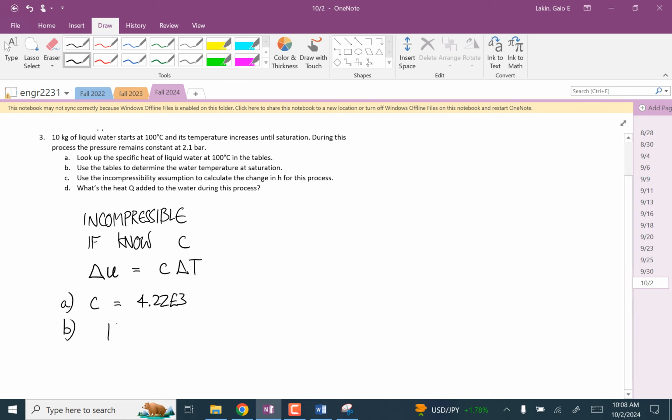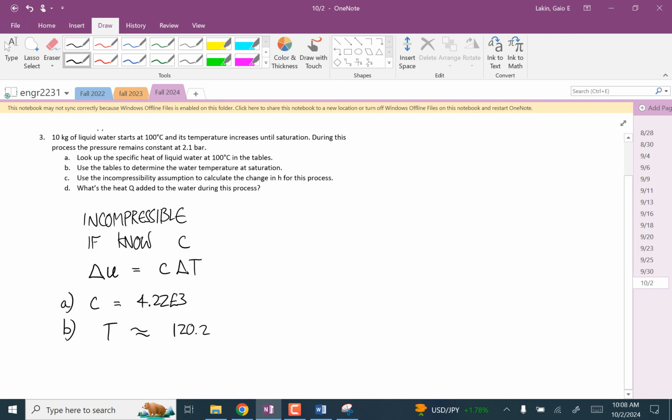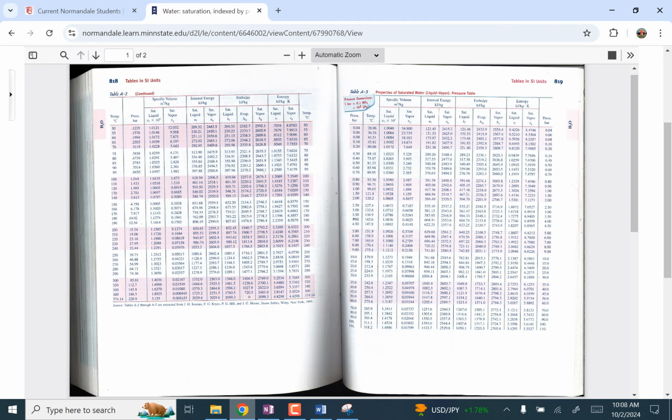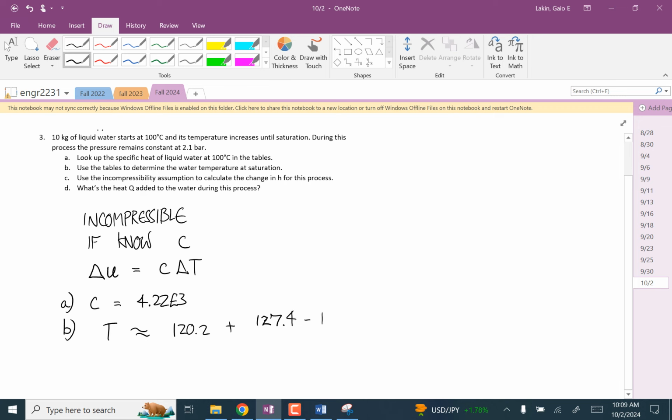So the temperature that we want, we can approximate it as 120.2 plus 127.4 minus 120.2, divided by 2.5 minus 2, times 2.1 minus 2.